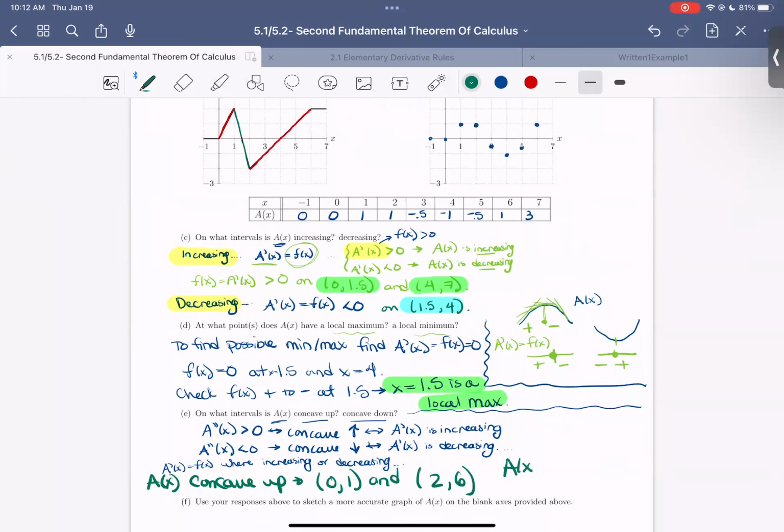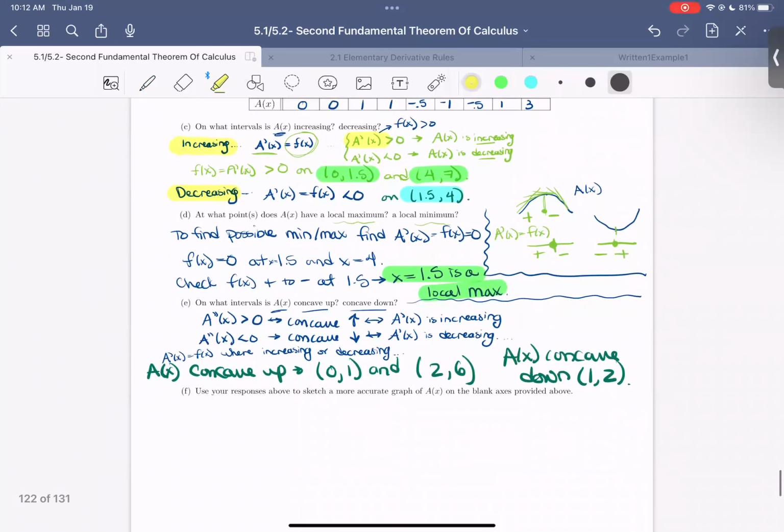And a of x is concave down on the interval from 1 to 2, where our function f is decreasing. Concave up and concave down.